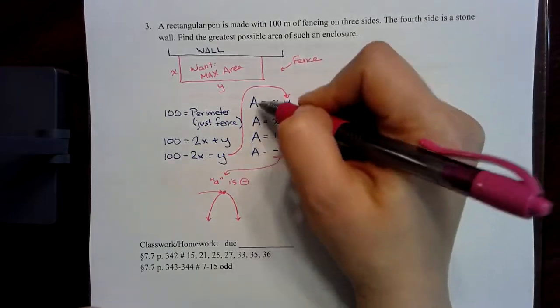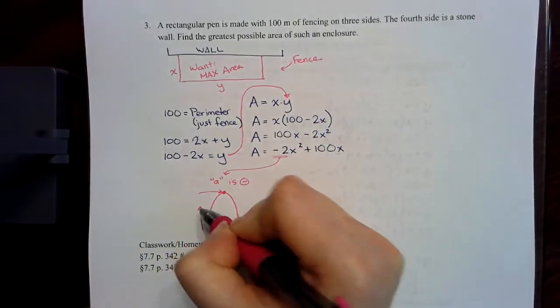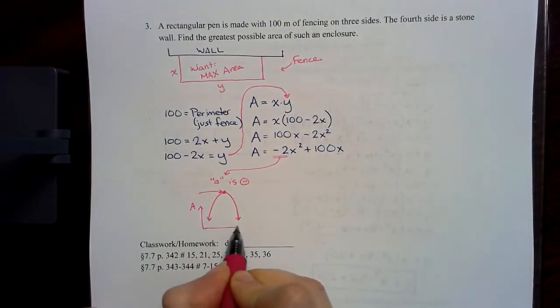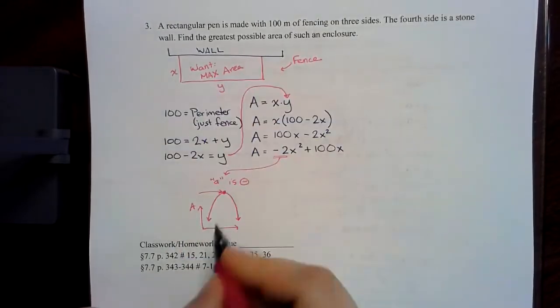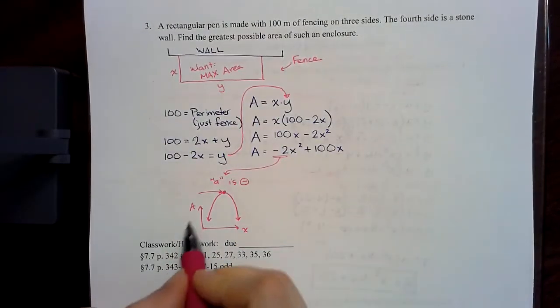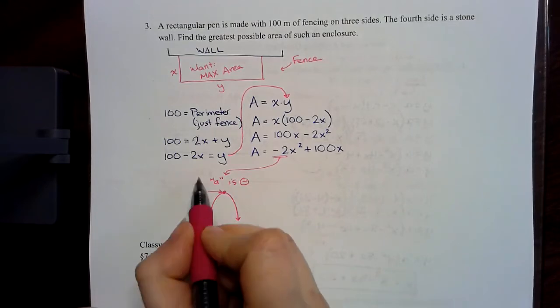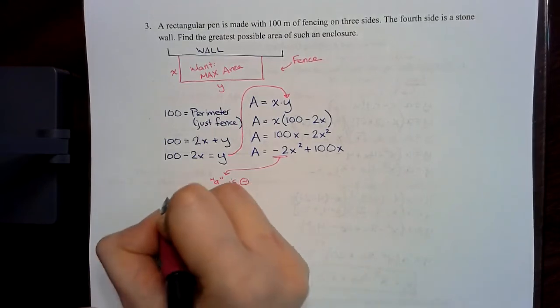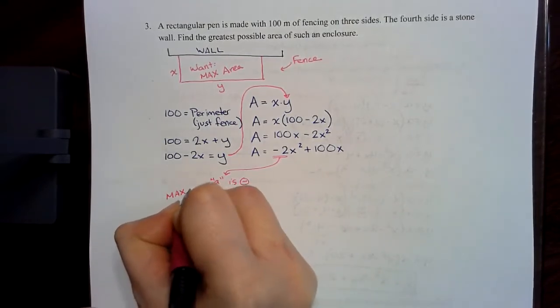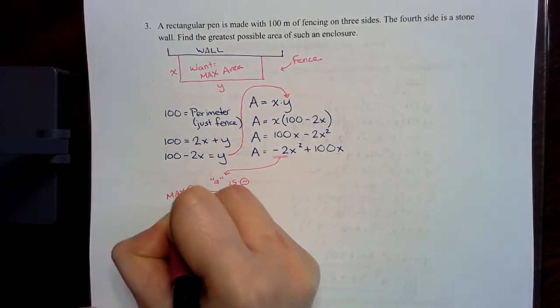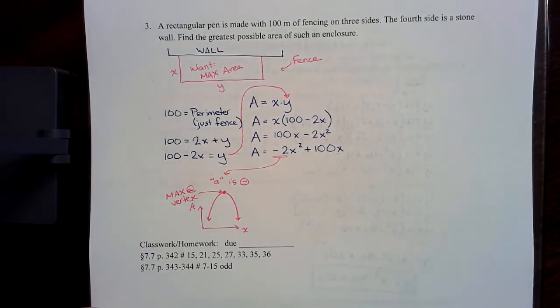And my y value isn't really y, it's area. And my x value actually is x in this case. So if I want to find the biggest area, the highest up this goes, that maximum is going to happen at the vertex of this parabola. So let's calculate the vertex.